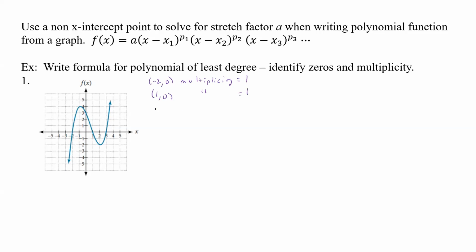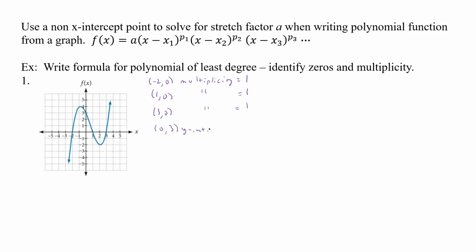And then we have something over here, which is 3, 0, and its multiplicity is also 1. And then I'm going to have the y-intercept here, which is 0, 3. And that's going to be my non-intercept point I use. So that's going to be my y-intercept.